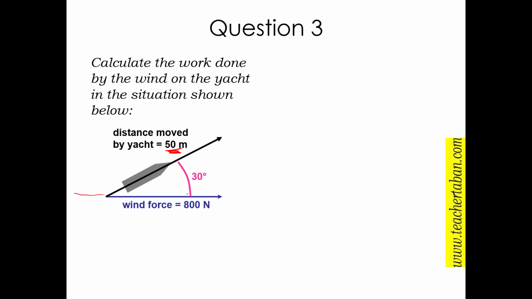Like we've said earlier on, you begin by resolving. You either resolve the distance onto the direction of the force, or resolve the force onto the direction of the distance. So in this case, from the definition, our work done is equal to force times distance. Our force is 800 newtons, and our distance is 50 meters, but in this direction. Yet the direction that we want is this. So what do we do?